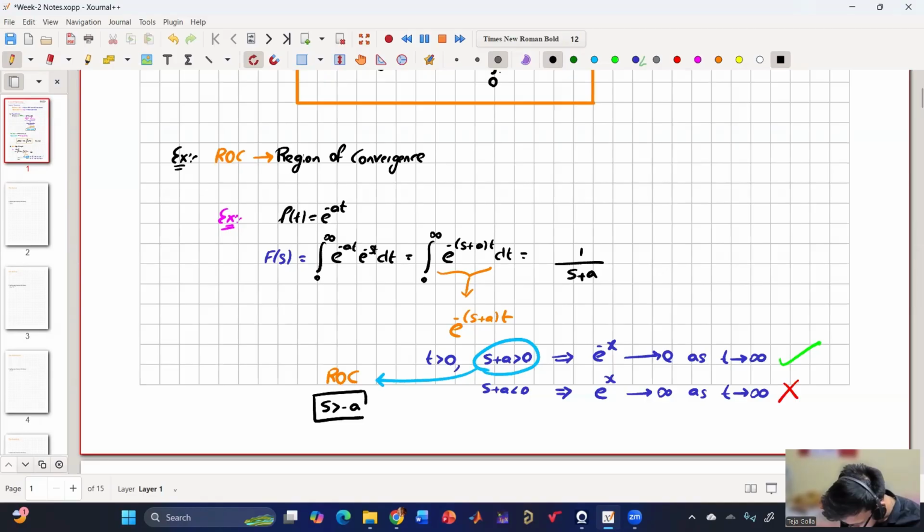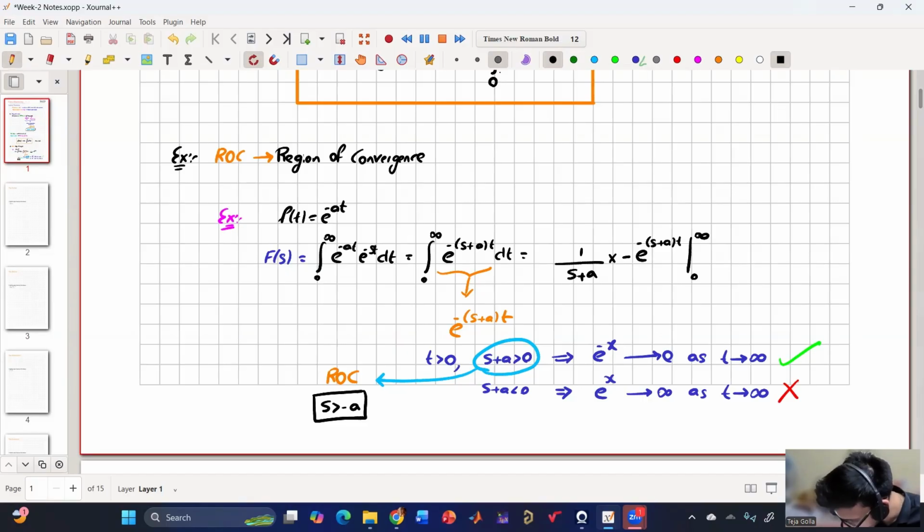Is this clear? So basically I have skipped one step. What you will get is minus into e to the power minus of s plus a t, integration is from 0 to infinite.